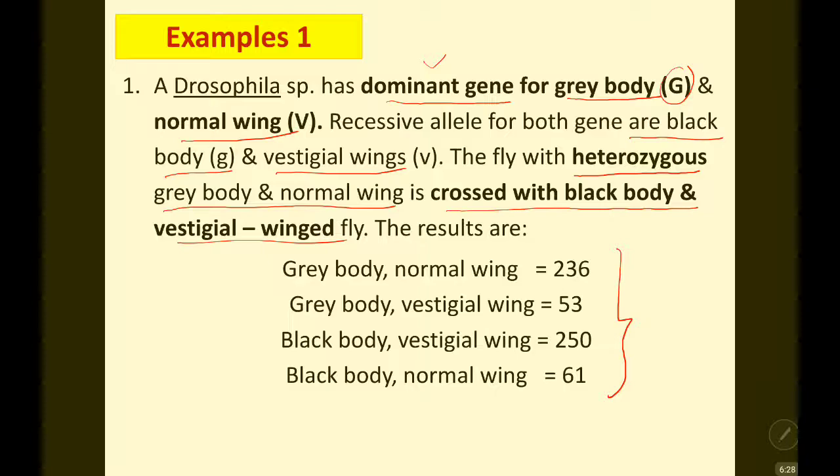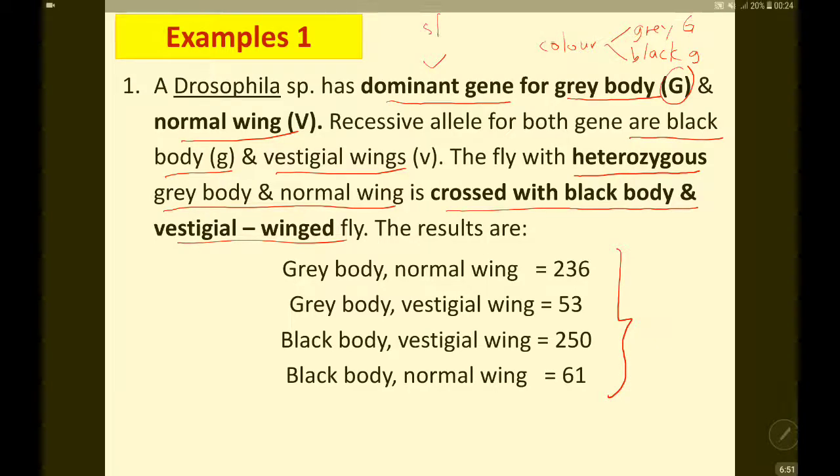First we analyze the question. The characteristics for this Drosophila fly are 2. The first one is the color of the body, either gray or black. Gray color is dominant, black color is recessive. The second one is the shape of the wing.